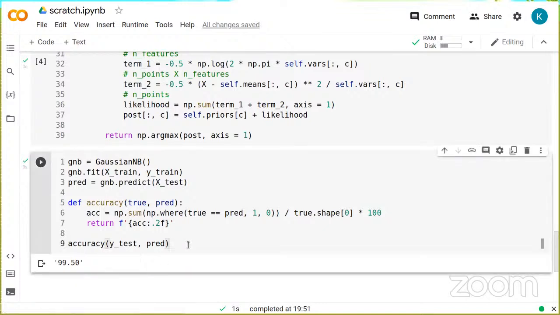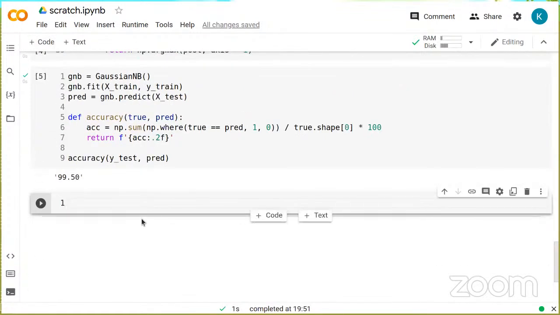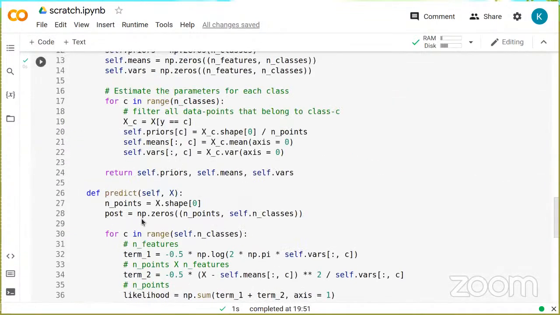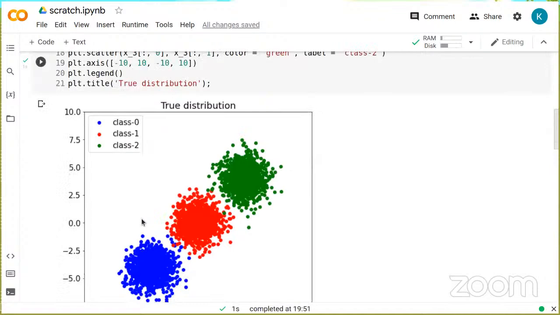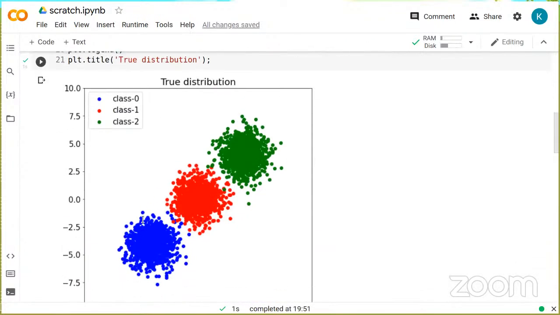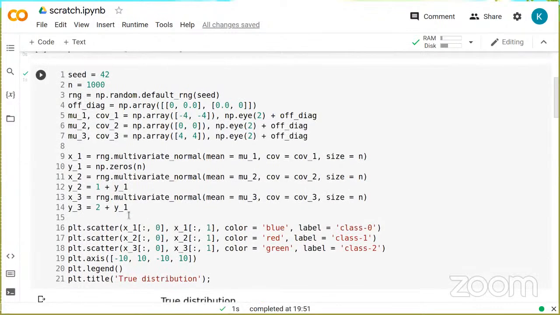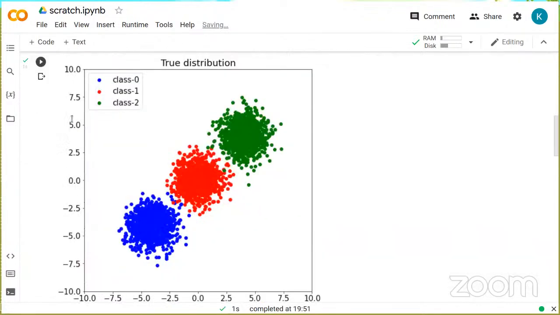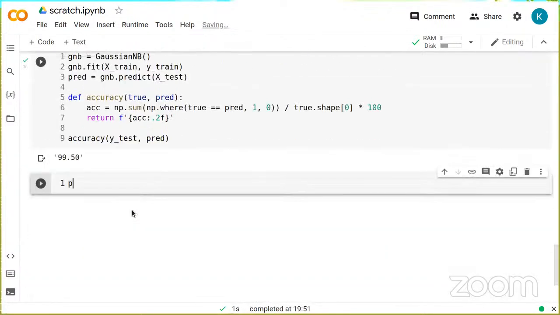Okay, so this is one final experiment which I wanted to do, and which we'll quickly do now, is to visualize the accuracy of our fit. For this, I want to plot two things.